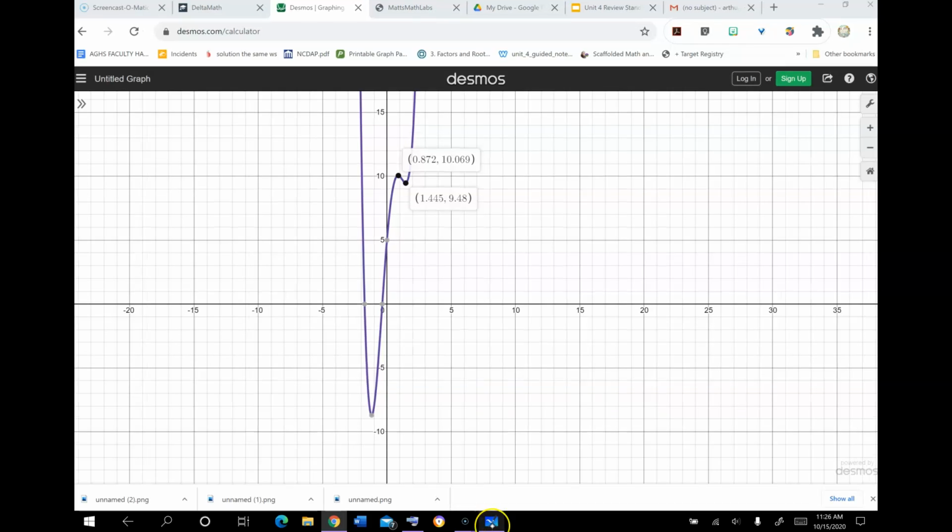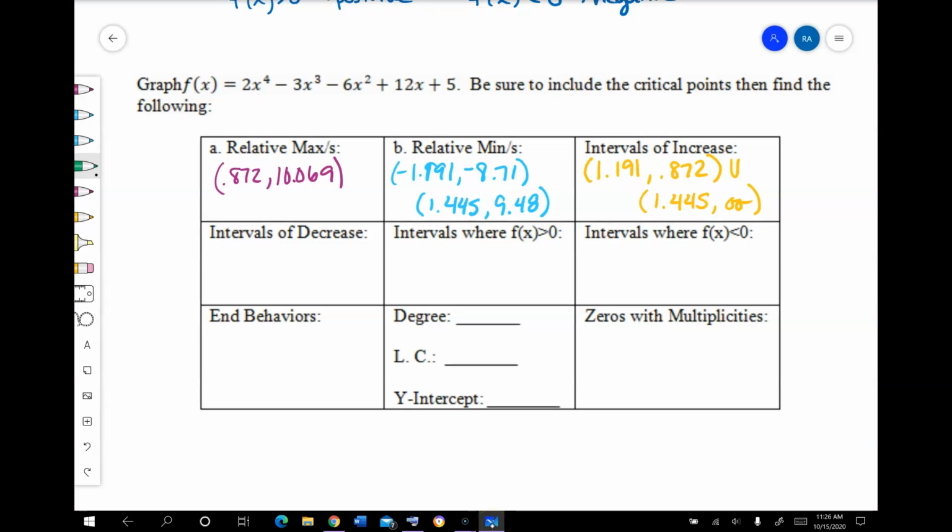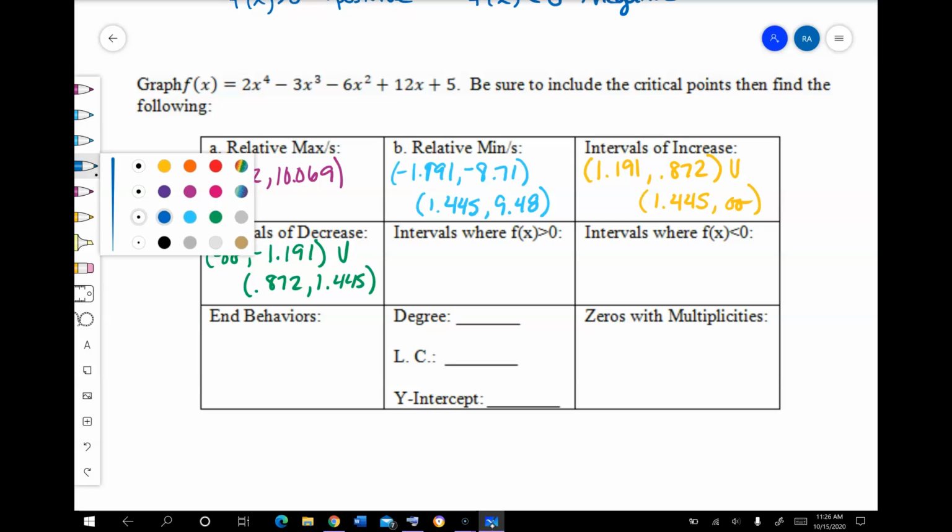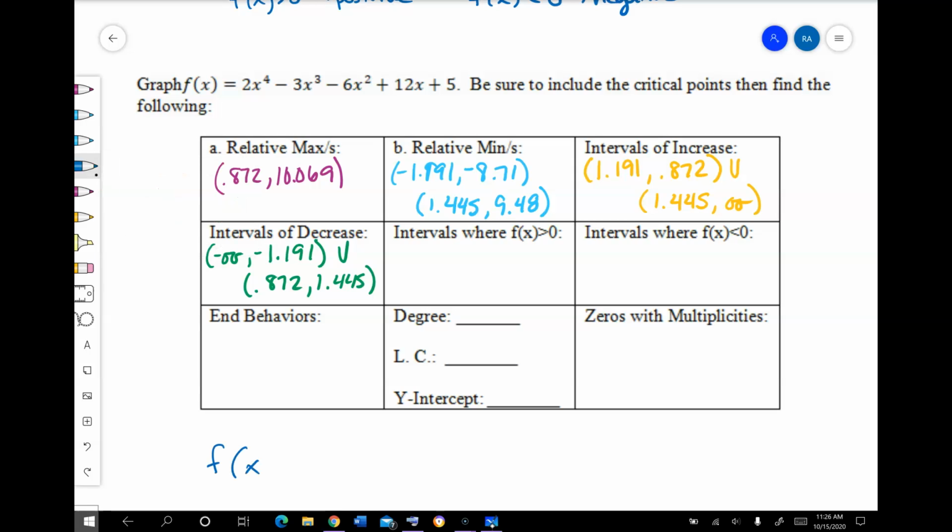So I come back, and I'm going to write that. So I decrease from negative infinity to negative 1.191, sorry, union, and then I start decreasing again at 0.872 to 1.445.